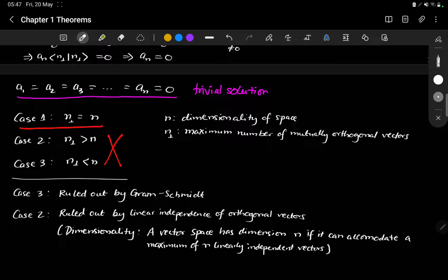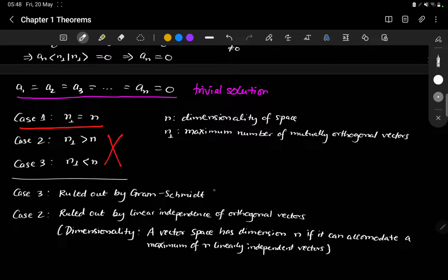So if we have n perpendicular number of mutually orthogonal vectors, we also have n perpendicular number of linearly independent vectors, and this number cannot exceed n by this definition of dimensionality.